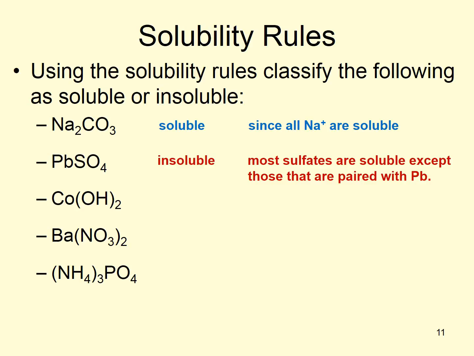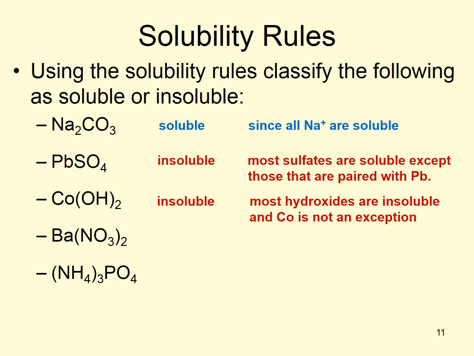Okay, cobalt hydroxide. Again, we don't have any rules for cobalt, but we do have a rule for hydroxide. It says most hydroxides are insoluble, and cobalt is not an exception. So again, cobalt hydroxide would not be soluble. Okay, barium nitrate.